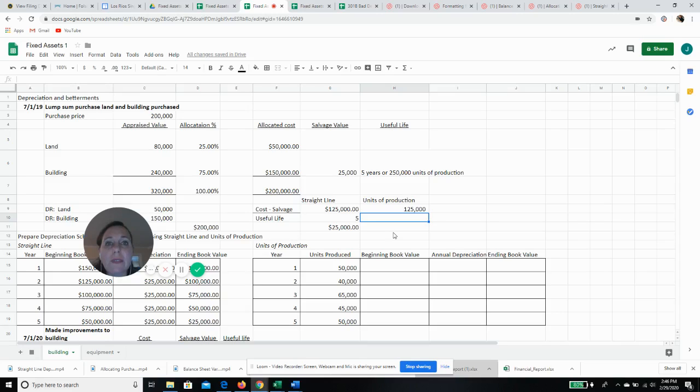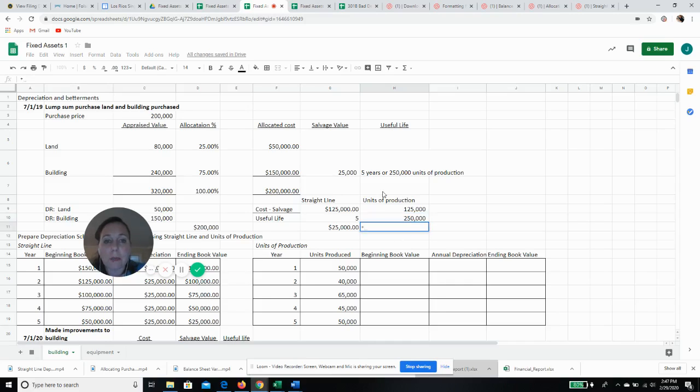The useful life, instead of being expressed in years, will be expressed in the number of units we expect to be able to produce before the building is no longer usable. And in this case, we expect to be able to produce 250,000 units. Okay.